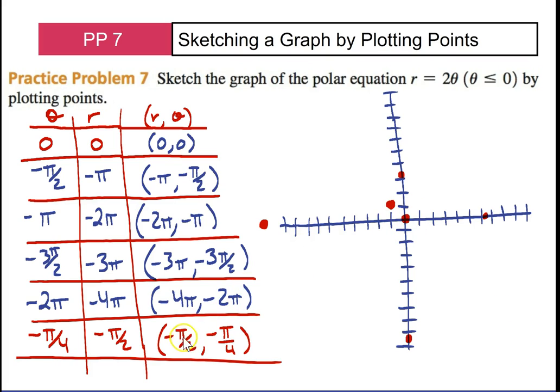So if we think about this here, this would be about 1.7, right? 3.14 divided by 2. So we're going to go negative pi over 4, and then we're going to flip it the other way. So there it is.